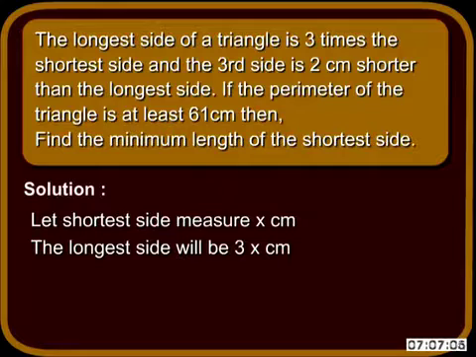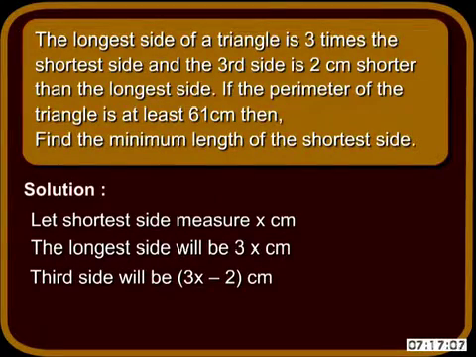Let the shortest side measure x centimeter. The longest side will be 3x centimeter. The third side will be 3x − 2 centimeter.